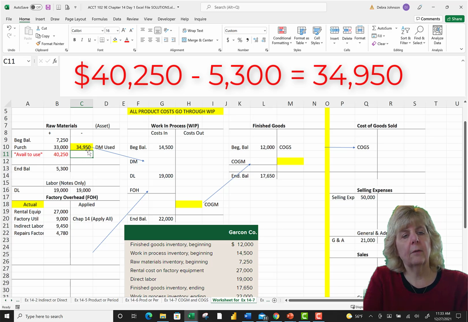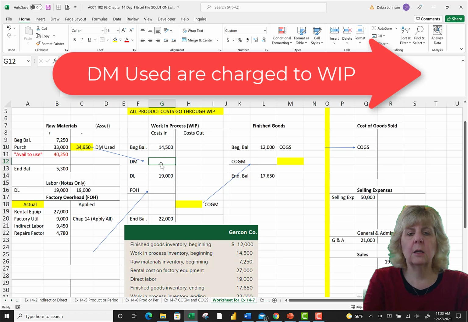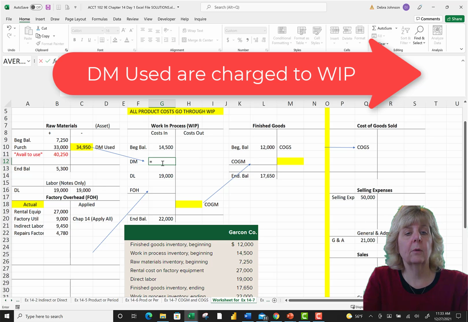You should have calculated 34,950. Okay, I'm going to transfer that out of the materials and into WIP. In Excel, I'm going to use a cell reference, which simply means you can type in the equal sign and then click on the number that you want to pick up. In my case, that is in cell C10, and I'll press enter.